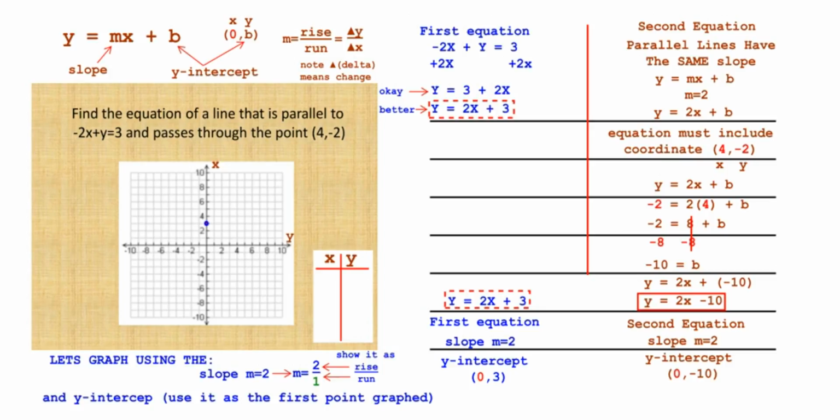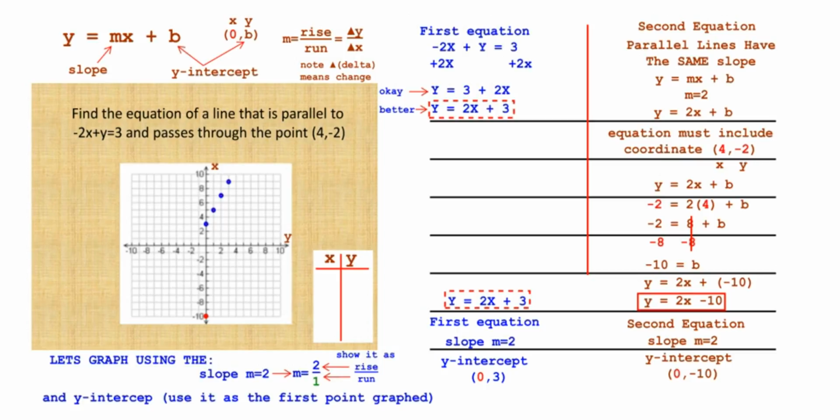So there's (0, 3). Okay, so now our slope tells us to go up 2 over 1, and there's our next point. And we're going to repeat this again, up 2 over 1, there's our next point. Up 2 over 1, there's our next point. And up 2 over 1, etc.